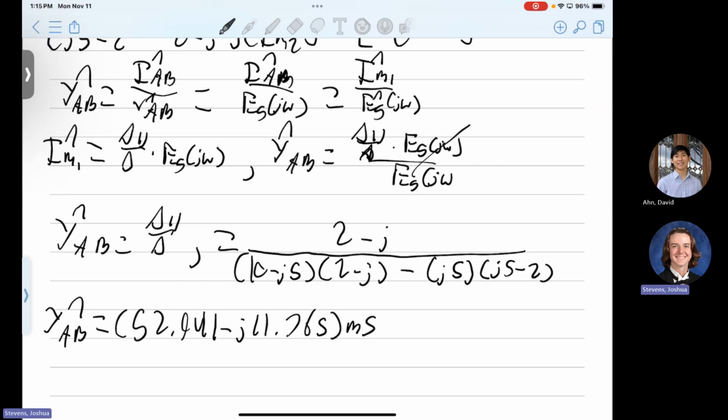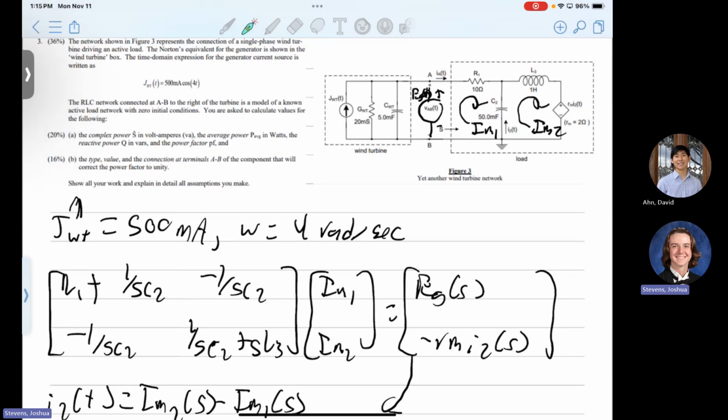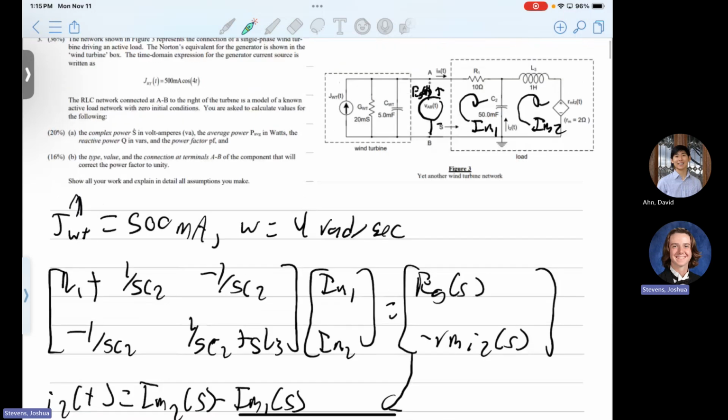Okay. So we have the admittance here, not impedance. So we have admittance on one side. We should probably get admittance on the other just to make it simpler. So we're going to do the admittance of here, which is simply G omega T, or I shouldn't say omega, WT because it's wind turbine, plus the admittance of that capacitor.